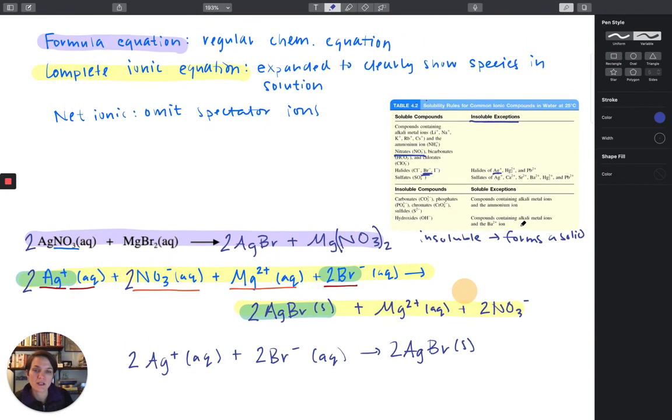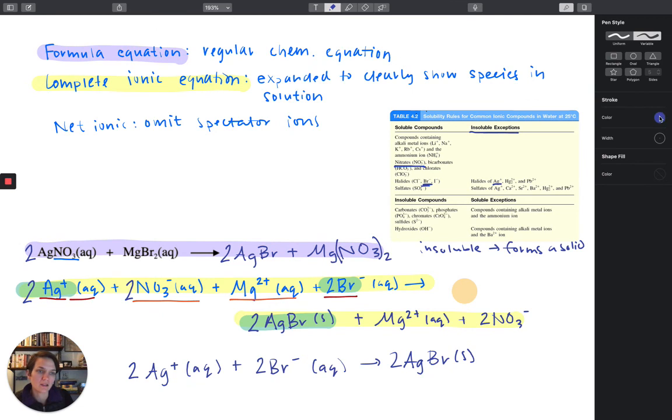All right, so this is our, what color haven't I used yet? Yeah, I can make that green. Net ionic right here.